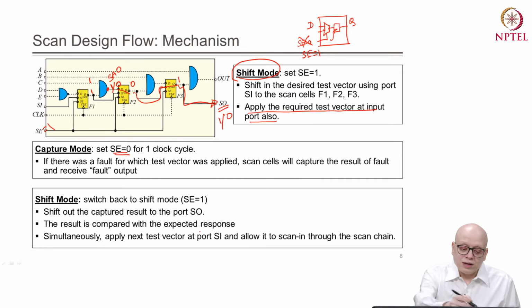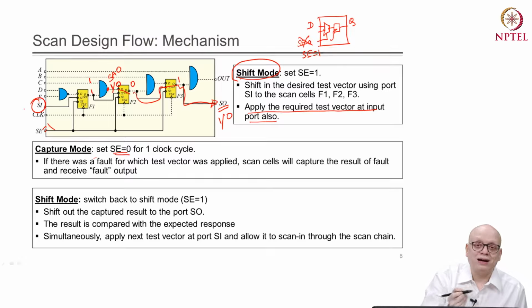So, we started with shift mode, we went to the capture mode. Then when we are doing the shift mode, we also apply the next test pattern. Suppose the first test pattern was 1 1 1, and the next pattern was say 1 0 1. So, now we will apply 1 0 1.